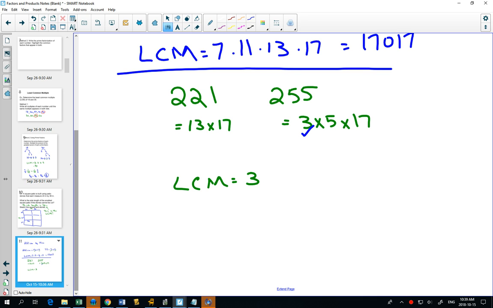Check it off. Then 5. Check it off. Then 13. Then check it off. And you only need one 17 to check both of those off. So our least common multiple here is 3,315.